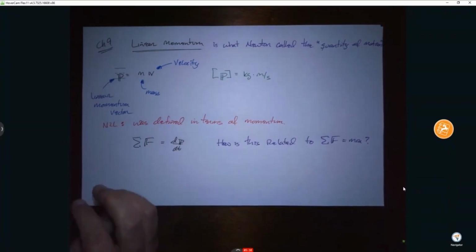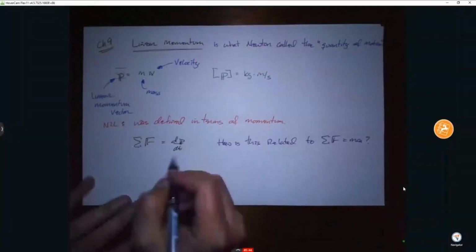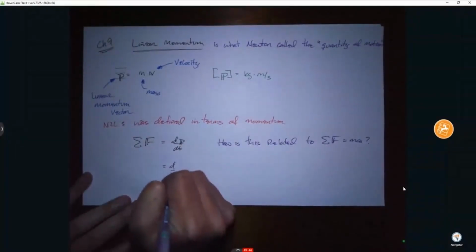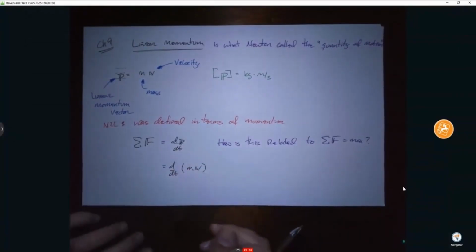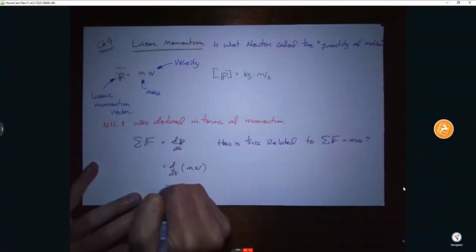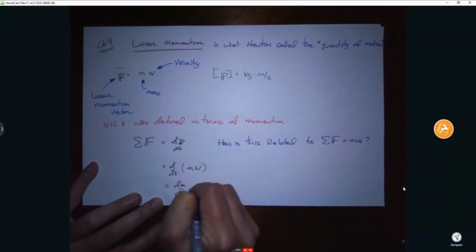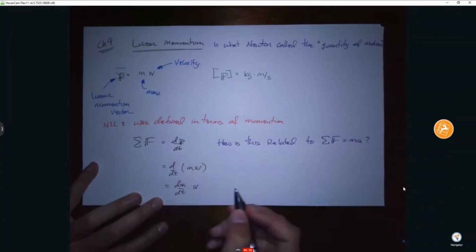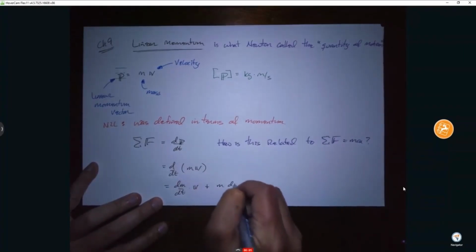The answer is that if we put the definition of momentum into our derivative, then we take the time derivative of the mass times the velocity. By the product rule, or the Leibniz rule, you take the derivative of the first times the second plus the first times the derivative of the second.